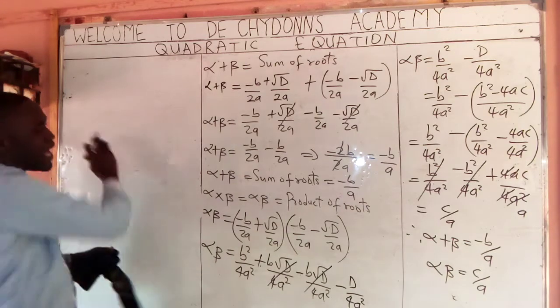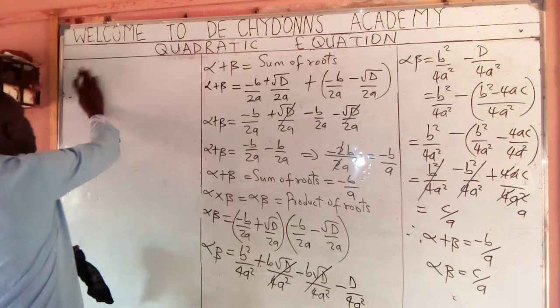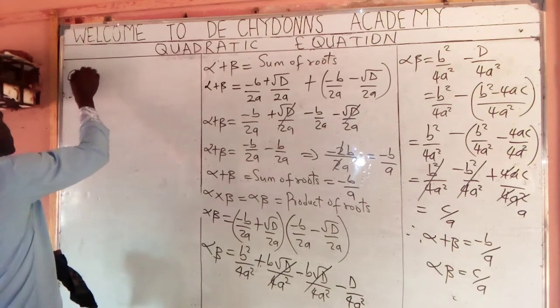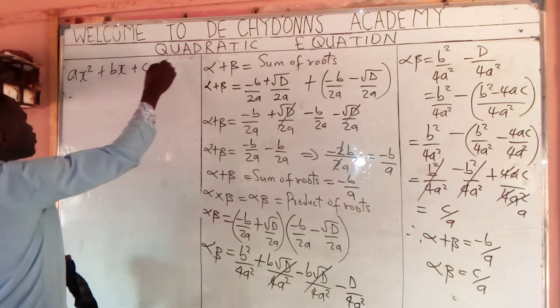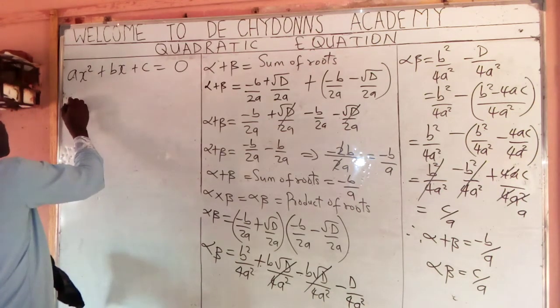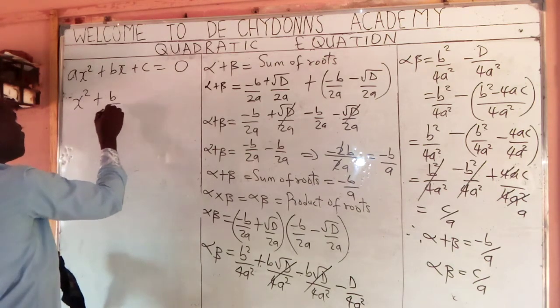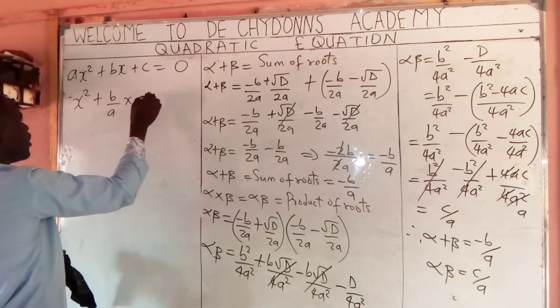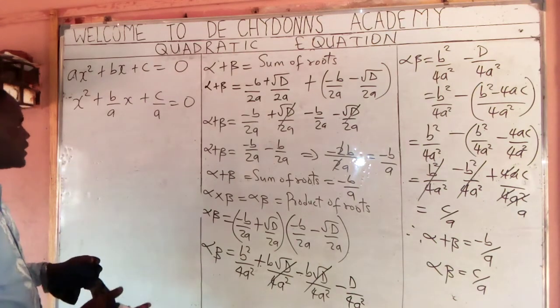We noted that the sum of the roots is this, the product of the roots is this. Do you know that ax squared plus bx plus c equals 0 is equal to x squared plus b over a x plus c over a equals 0? Yes, they are the same.